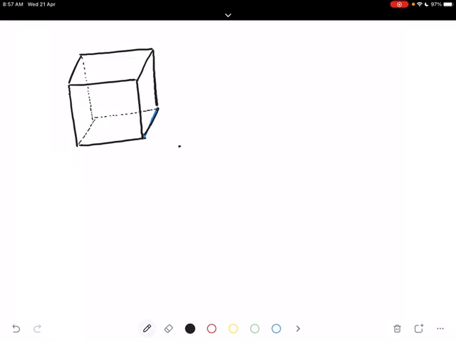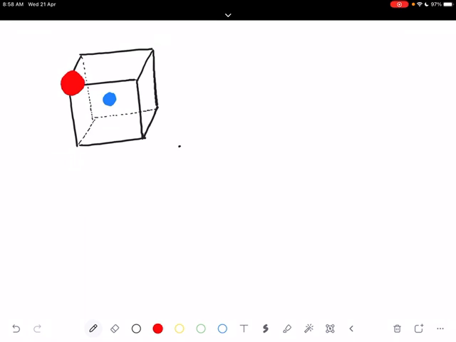So a cube is ready. Center is the void. That is the cation. And upper two diagonally opposite corners.